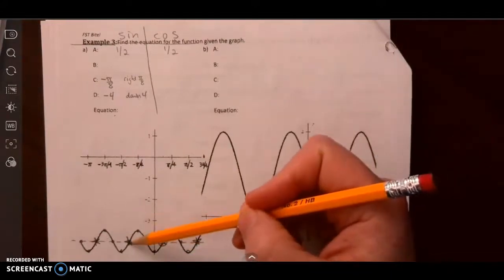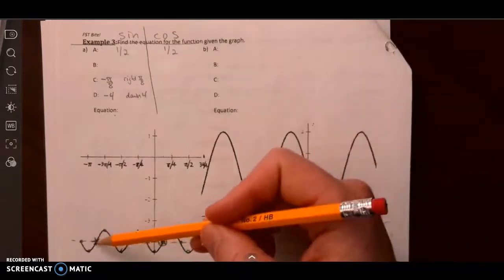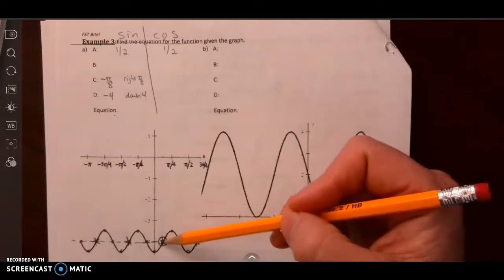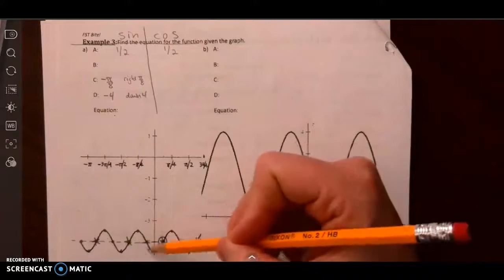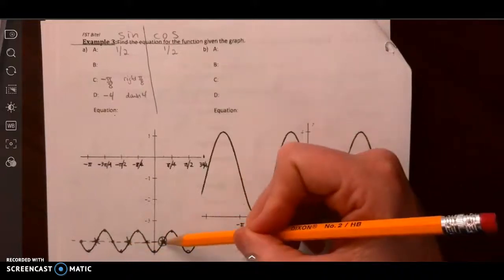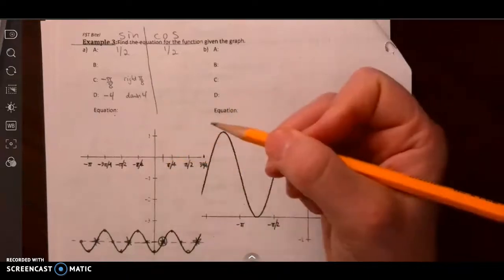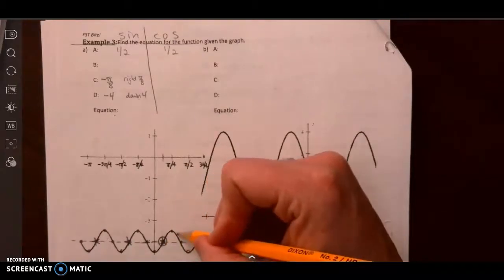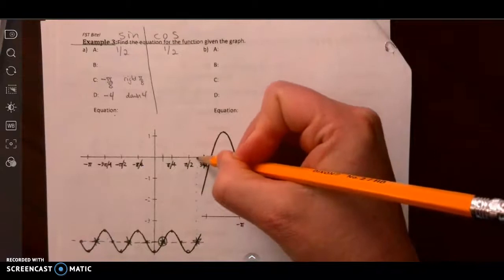Sometimes I could use this sine curve here, I could use this sine curve here, whichever one I want to do. All right, so I know that this starts at pi/8, and it looks like it goes right here in the middle here.